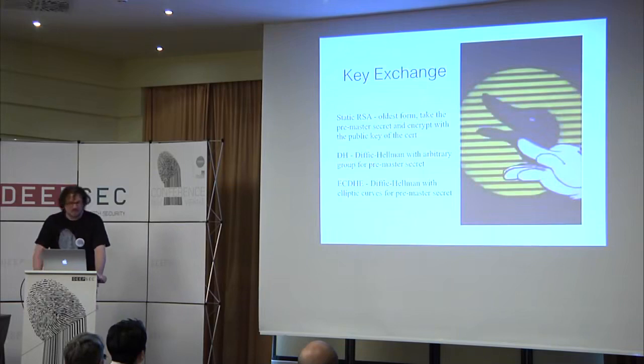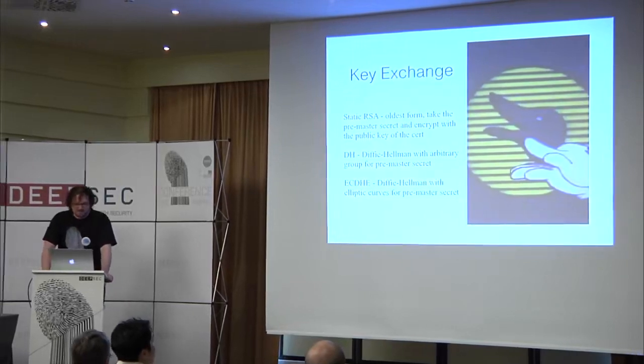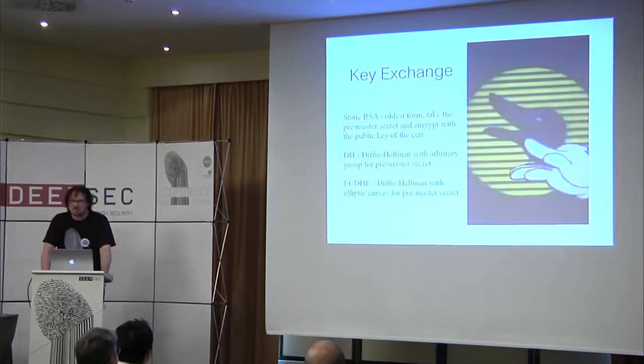Now, in TLS 1.2, there's really three types of key exchange. You have your static RSA. This is the classic form. This is what was introduced back in SSL v2. And in order to exchange data in this form, there's something called a pre-master secret.